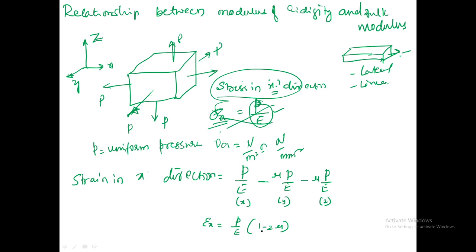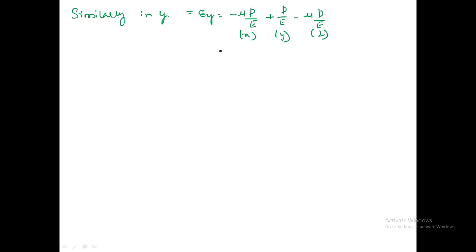Similarly in y direction, epsilon y equal to minus mu P by E plus P by E minus mu P by E. This is the strain in x direction, strain in y direction, strain in z direction. If you simplify it, you again get P by E into 1 minus 2 mu. Now this is the second equation.